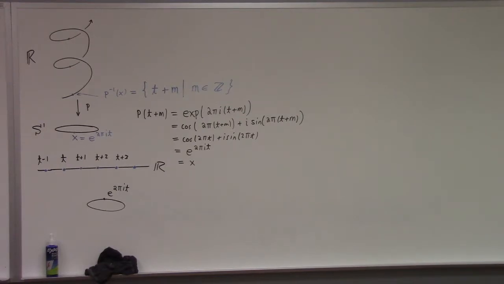Every point is both open and closed in a discrete subspace, a discrete subset. Yeah, so you're saying that with respect to the subspace topology, a discrete set has the discrete topology for itself.